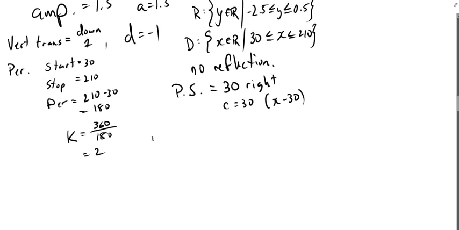So what's the equation for this one? Y equals A, 1.5. And this was a sine curve, so sine, bracket, my K value, bracket, x minus 30. See, I've already done all the work.